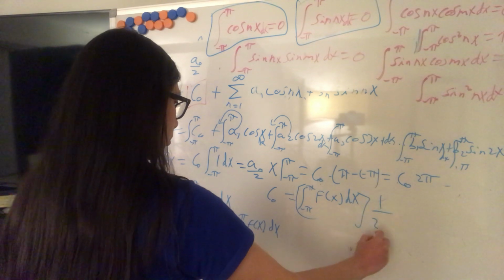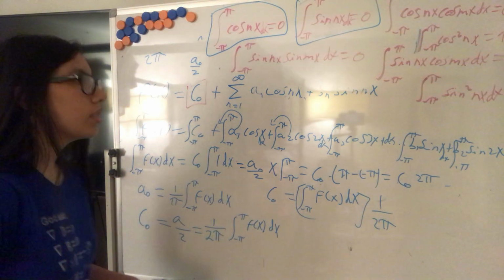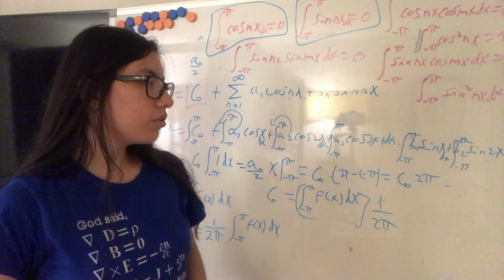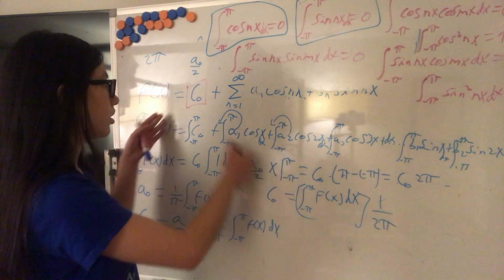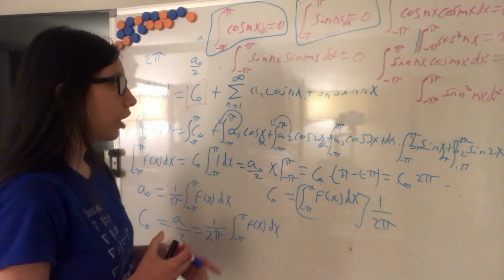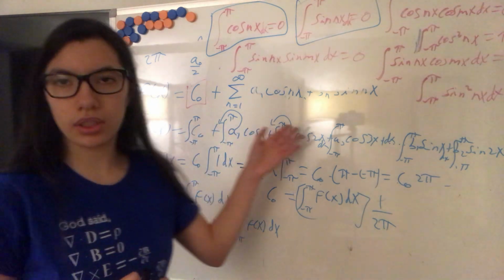This is the constant of the Fourier series. Now I think that we are running out of time, so in the next video we will continue with the cosine terms and the sine terms.